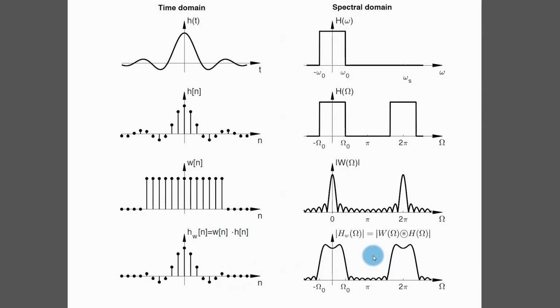But what happens in the spectral domain? What happens with my frequency characteristic? Well, if I have a multiplication in the time domain, I'm going to have a convolution in the spectral domain. So to find out what will be the frequency characteristic of my filter, I have to compute the convolution of this ideal characteristic and the spectrum of my window.